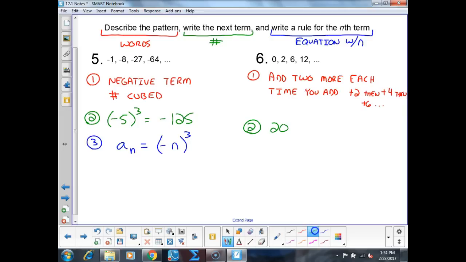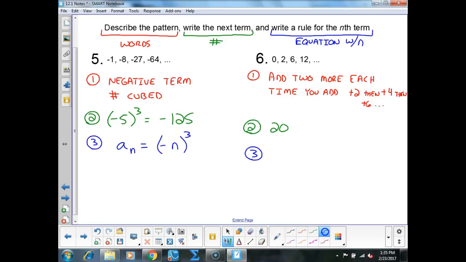Okay. But now we struggle to find a rule. Is there a different pattern that we could see? Can we change up our pattern?